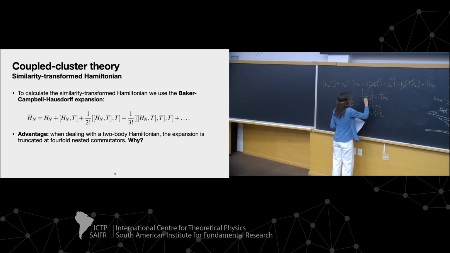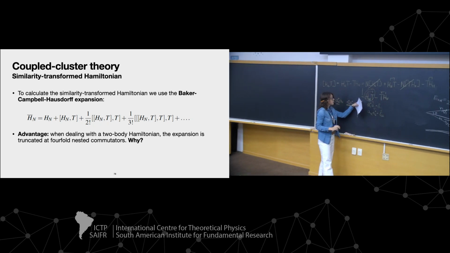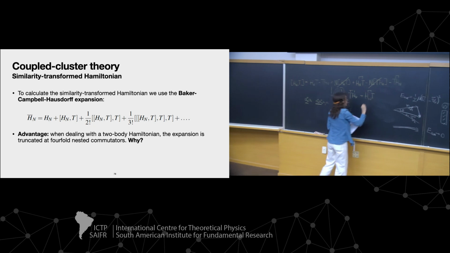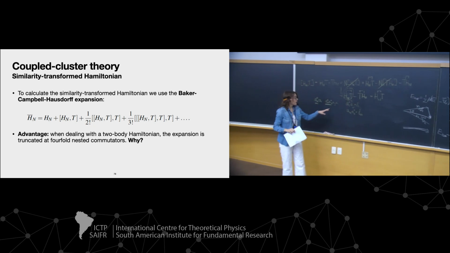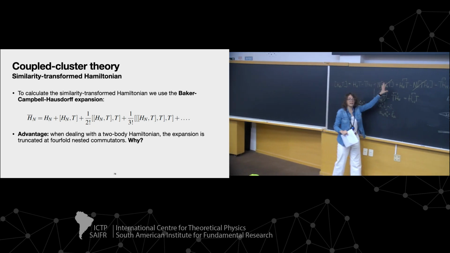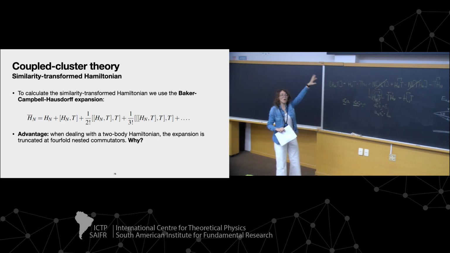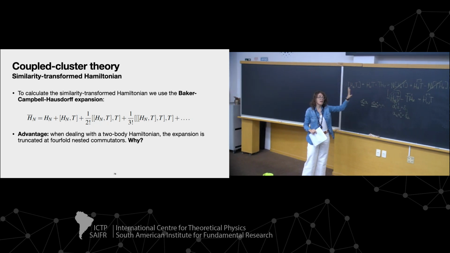What actually happens is that only terms in which H lies on the left with respect to T will contribute. So we will have this. And you can generalize this reasoning also to the more complicated commutators that we have inside the BCH expansion.